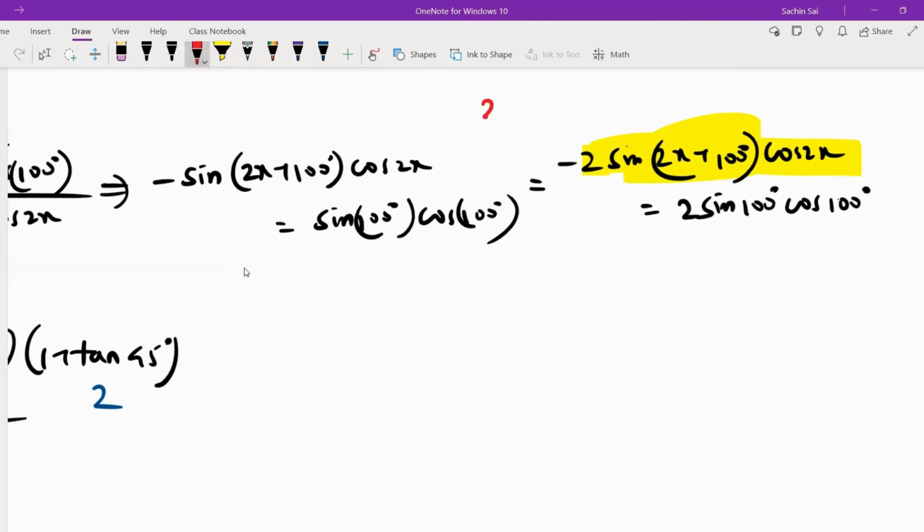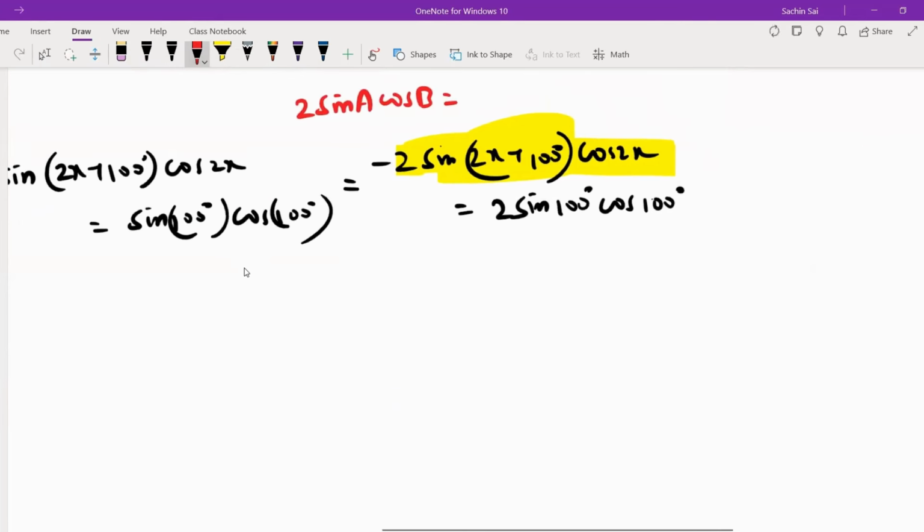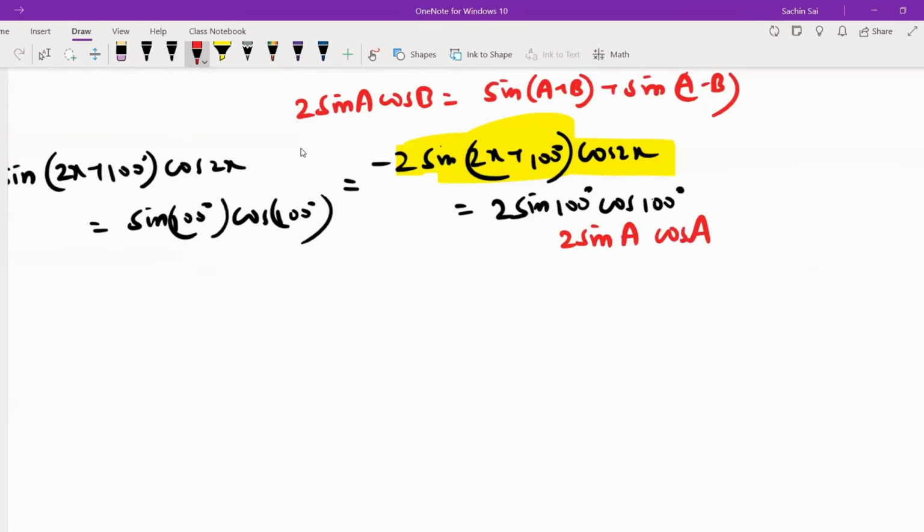The left hand side is of the form minus 2 sine A cos B. This is of the form 2 sine A cos B and can be written as sine of A plus B plus sine of A minus B. The right hand side is of the form 2 sine A cos A and can be written as sine 2A, right? So what can I write as the left hand side?